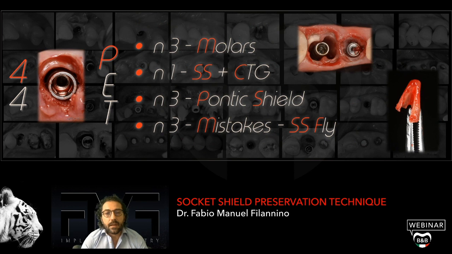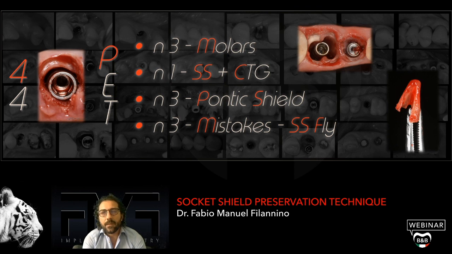So during my studies and clinics in these less than 2 years, I did 44 partial extraction therapies, and I did 3 partial extraction therapies in the molar area. I did one socket shield plus CTG in one case that we'll see later, and some of them were immediate loading, some were delayed loading, and I did 3 cases of pontic shield.